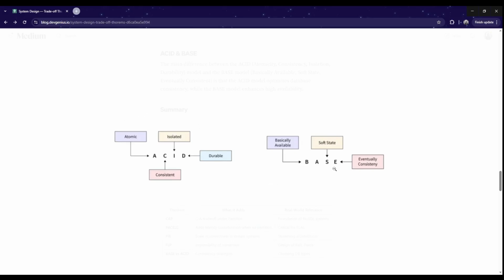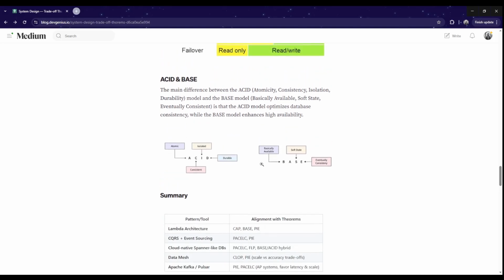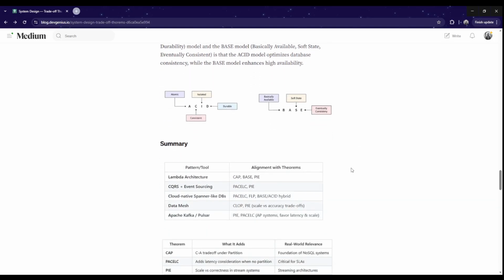And the BASE systems say that they want to be always available. They lose some state for eventual consistency. So this builds the base for NoSQL databases as well, which are highly available, but they follow an eventual consistency model and a soft state.